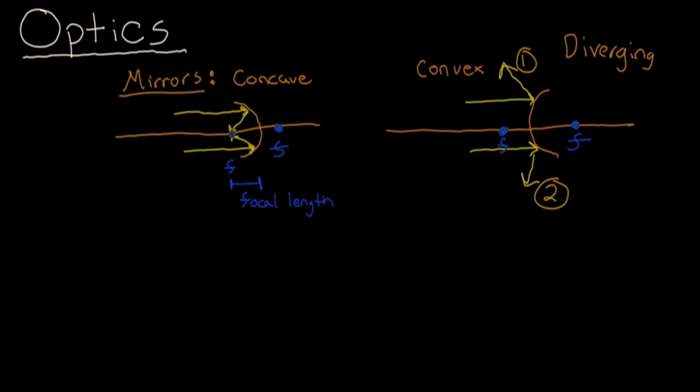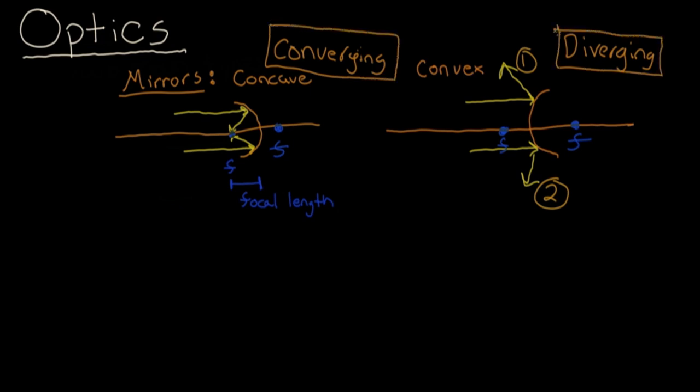And similarly, that's also why concave mirrors are also called converging mirrors, because as you can see, those light rays converge to one center point. And for a convex mirror, those light rays are diverging their own way.